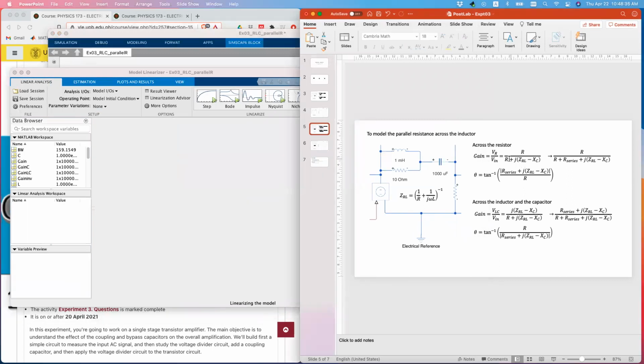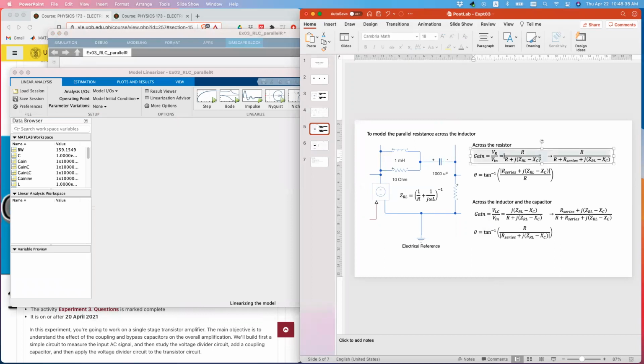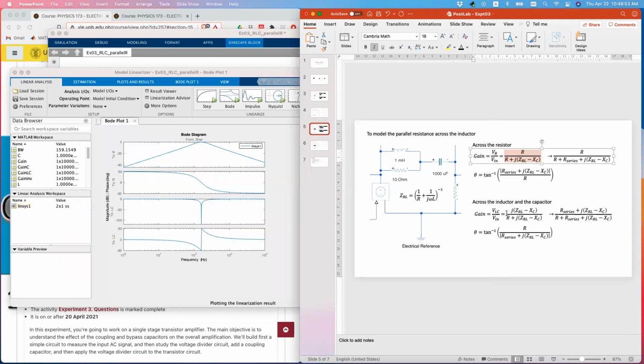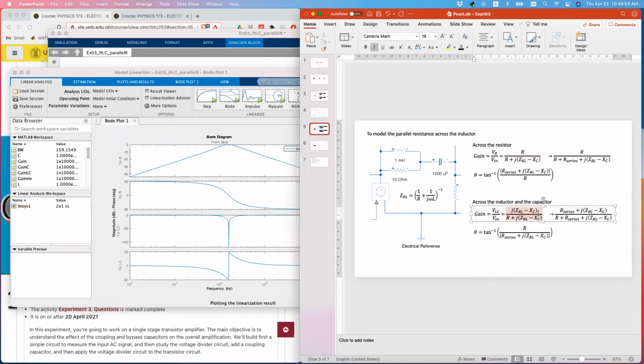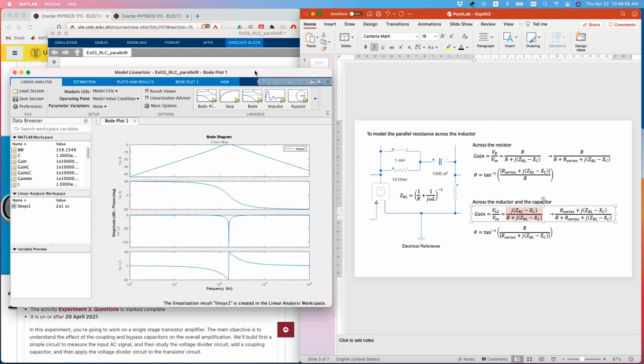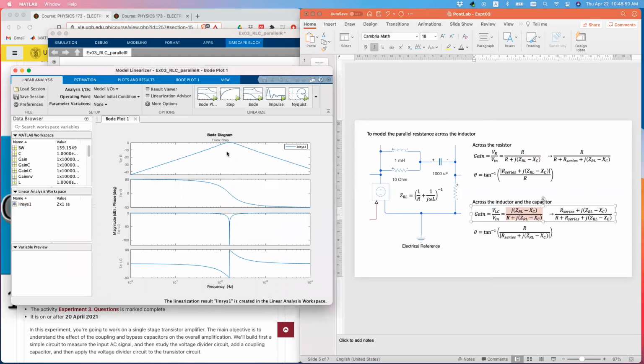So yung gain theoretically is described by this expression. Okay, hindi pa included diyan yung modeling. So this expression is for the voltage gain across the resistor, and this is for the gain across the series inductor at capacitor. Okay, so of course we get the same result as before.